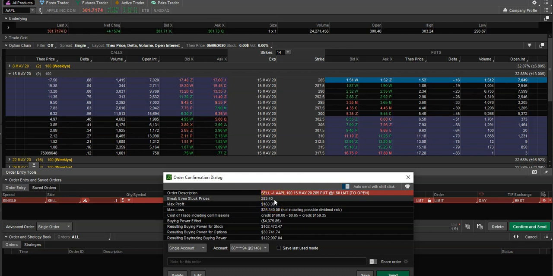Anything below that, I start to lose dollar for dollar. So if news comes out on Apple and they're now trading at $250, I'm down $33.60 per one contract, which would be essentially $3,300.